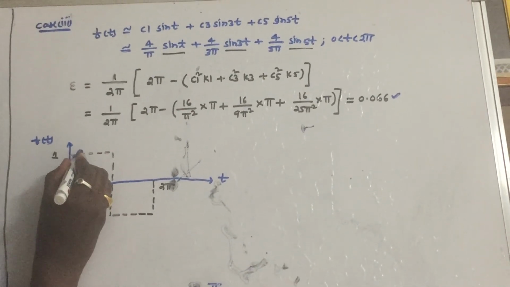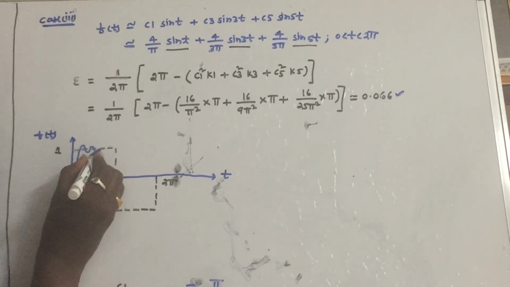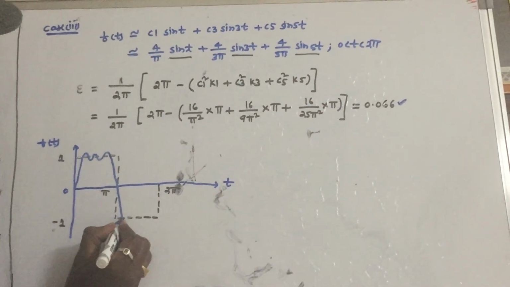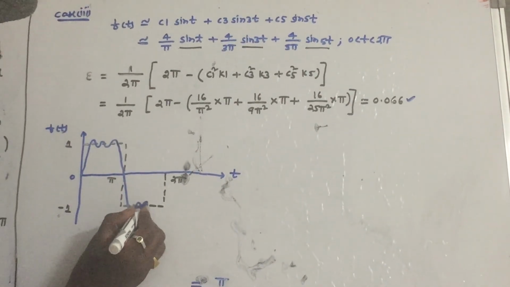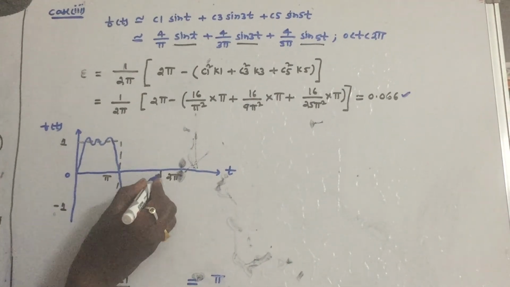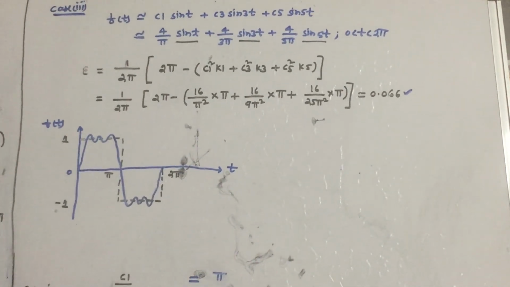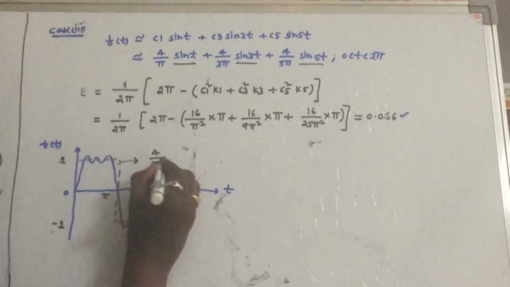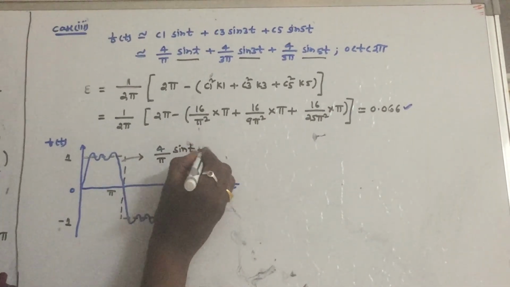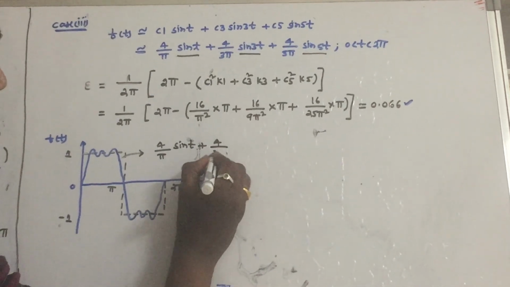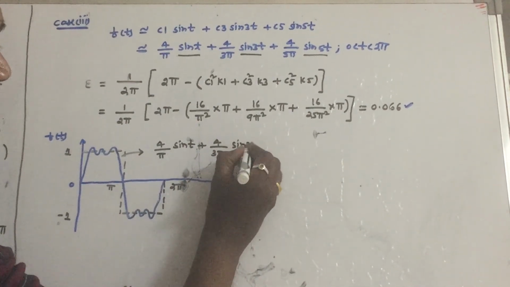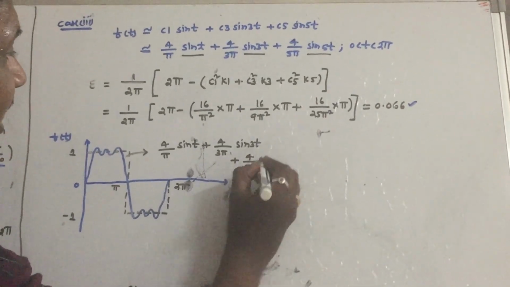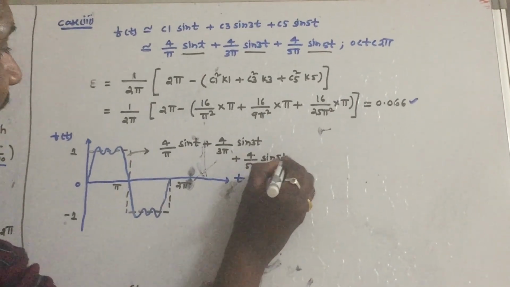So the nature of the graph will come something like this. What is the equation of this? The equation of this is 4 by pi sin t plus 4 by 3 pi sin 3t plus 4 by 5 pi sin 5t.